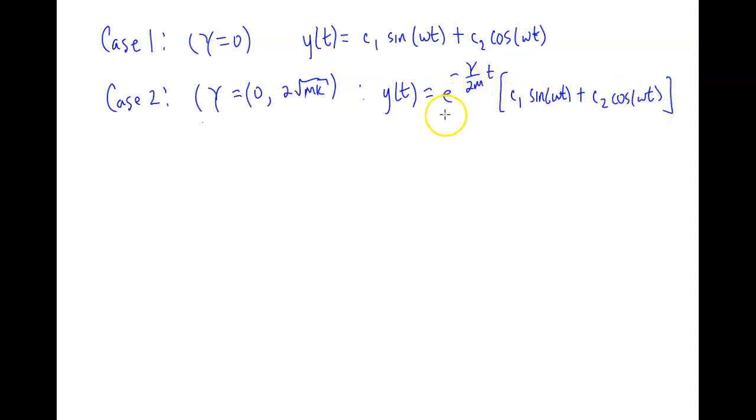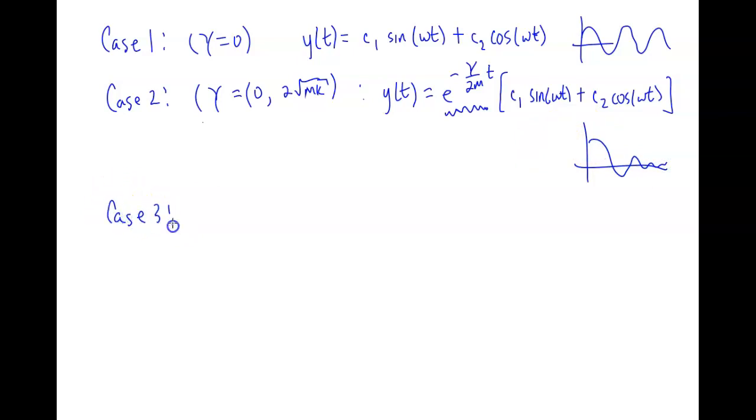Remember that because we have this exponentially decreasing portion of our response being multiplied times it, the oscillations that occur, meaning the mass moving back and forth, are going to eventually decay away and get back to the equilibrium position. Case 1 just oscillates the same forever and ever. Case 2 is going to oscillate, but over time it's going to die out, though it still takes a while to do so.